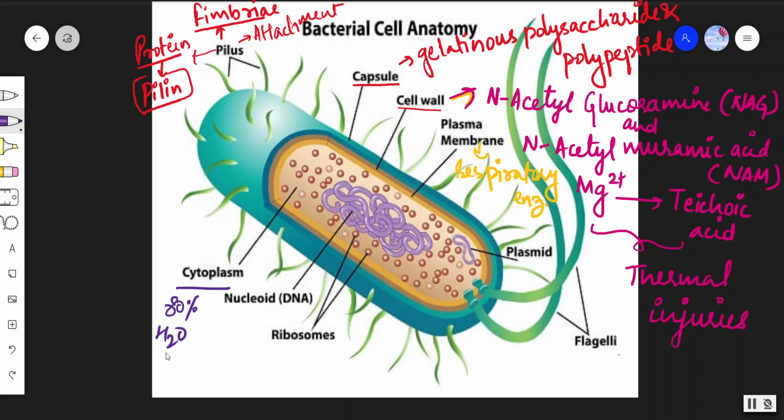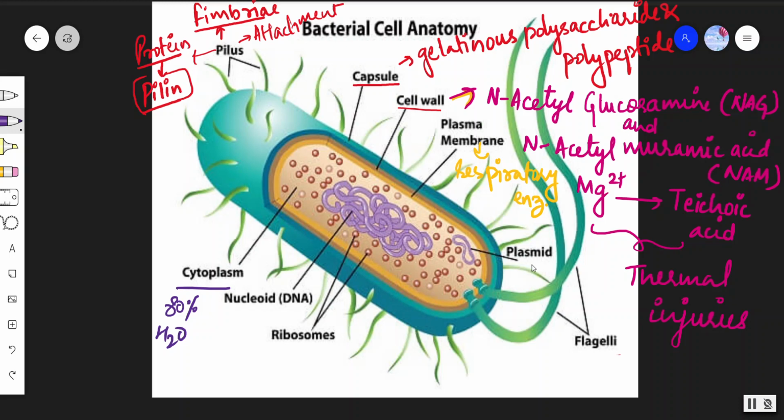Another point is the plasmid. This structure does not have an actual shape, which can vary in every bacteria. So these are the plasmids.